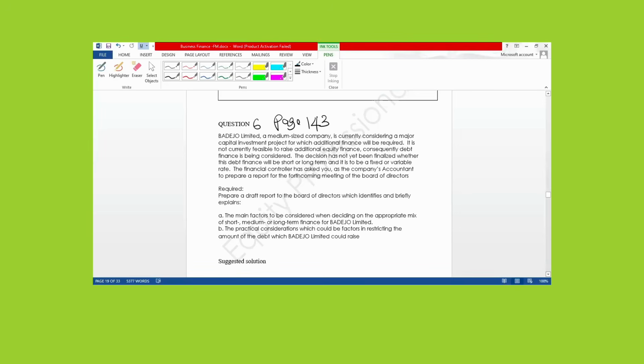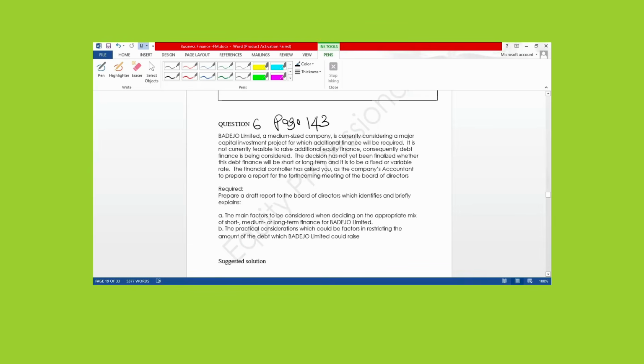Consequently, debt finance is being considered. The decision has not yet been finalized whether the debt finance should be short or long term, and whether it is to be a fixed or variable rate. The finance controller has asked you, as the company's accountant, to prepare a report for the forthcoming meeting of the board of directors.